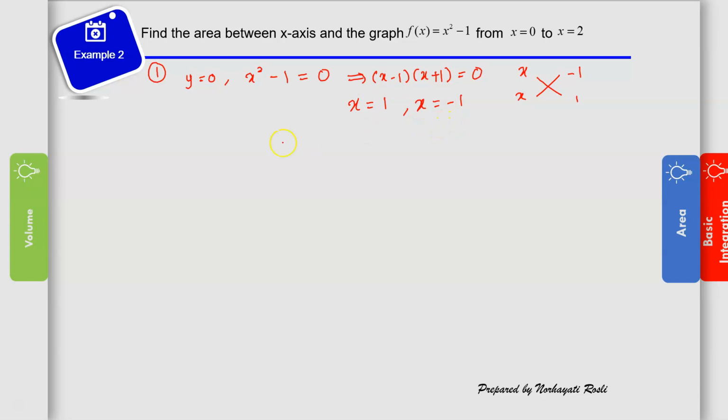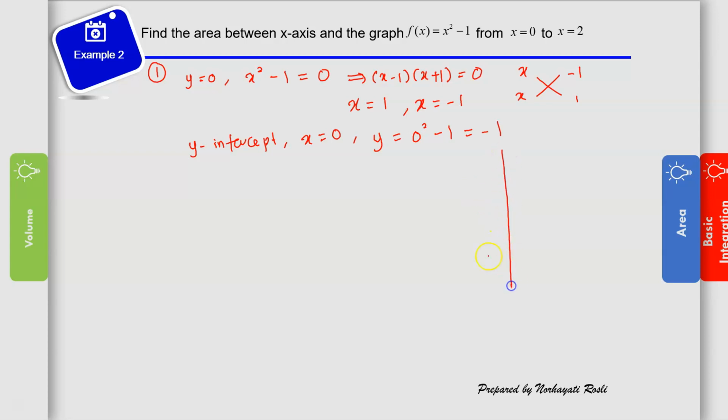In this case, we got our x-intercepts. So now we need to find our y-intercept. Y-intercept here means that x equal to 0. When x equal to 0, our y or f(x) here will be equal to 0 squared minus 1, which is equal to negative 1.